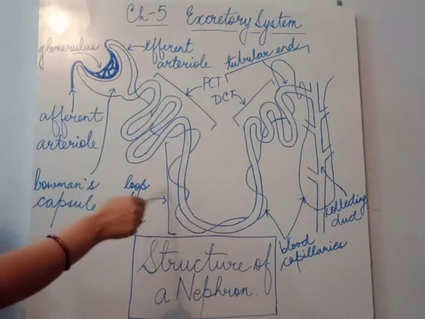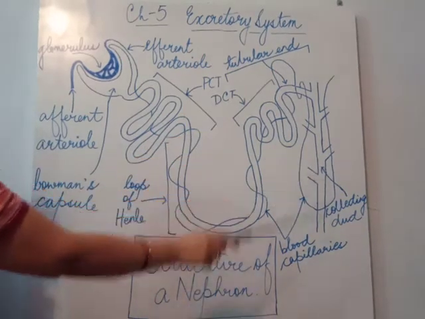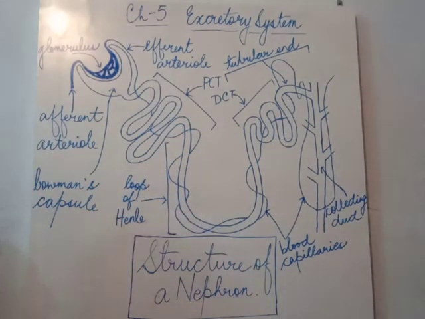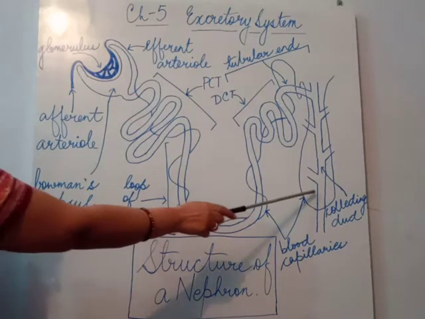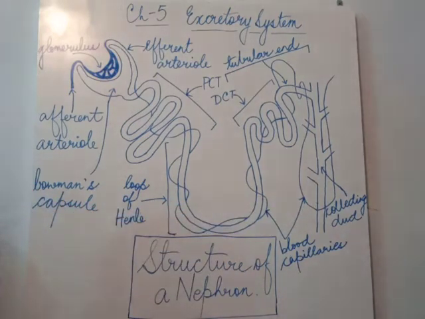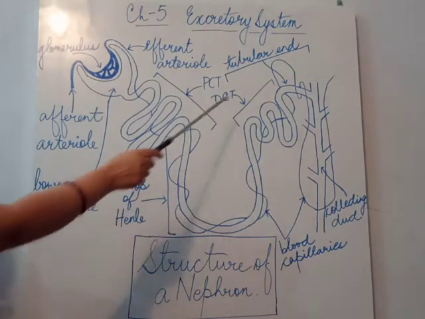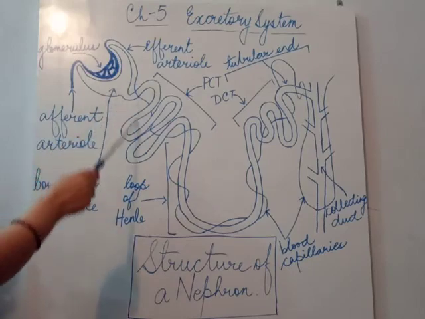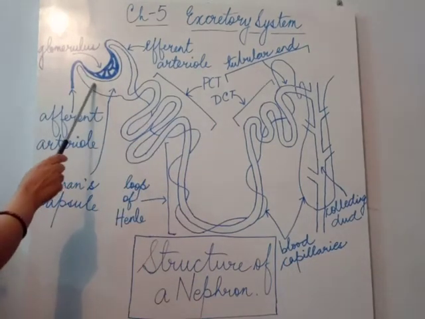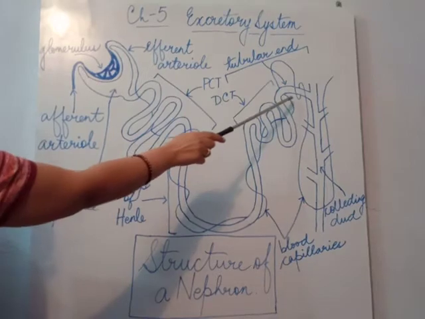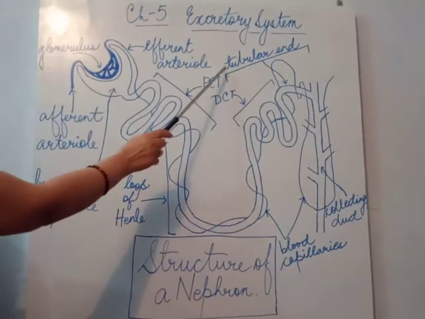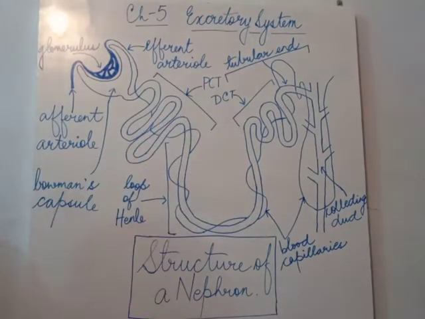The nephrons bring urine, and that urine is collected in the collecting duct, which is why it is called collecting duct. You can also see blood capillaries wound around the tubules throughout from the beginning to the end of the nephron, the tubular end. So these are the various parts of the nephron, and all have various functions.